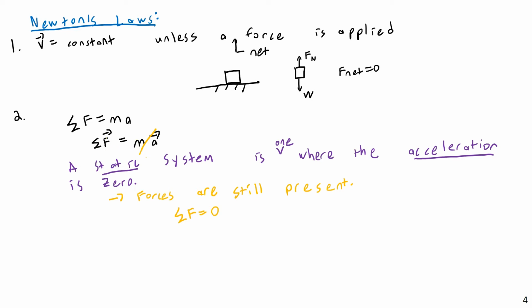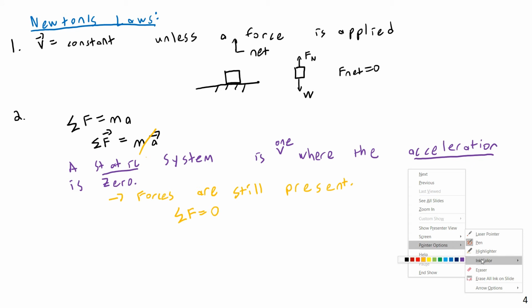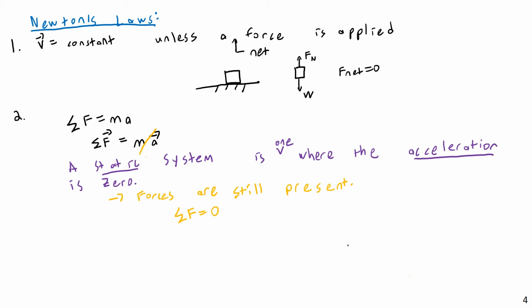So these do not have to sum to 0, they have to sum to whatever mass times acceleration is. But in static systems, we say the acceleration is 0, and in turn, that means the forces must sum to 0. That will be pretty important. And it's also important to keep in mind this is going to be a vector sum.